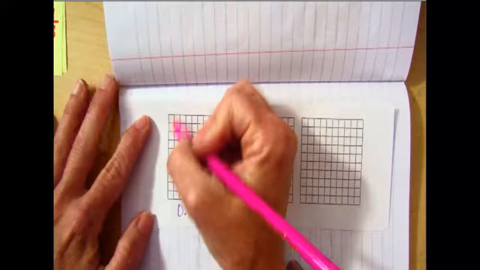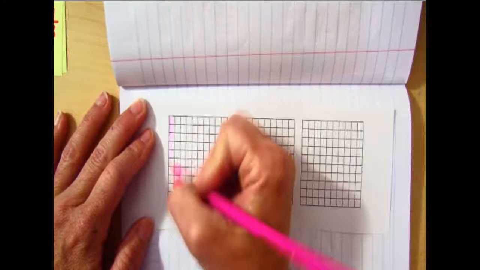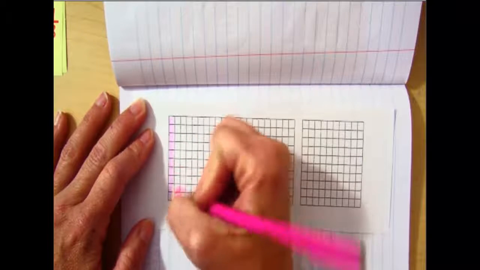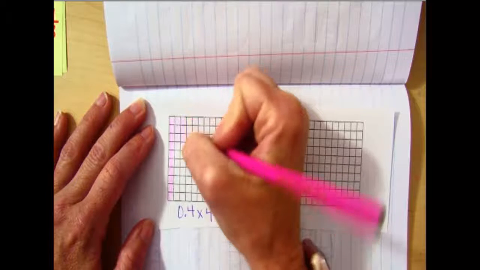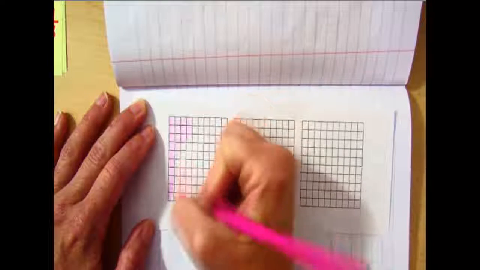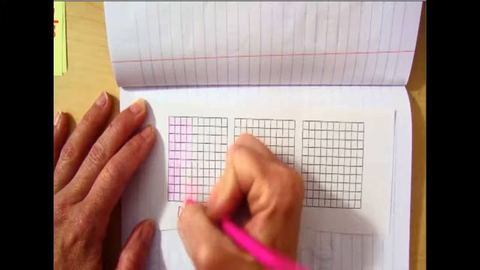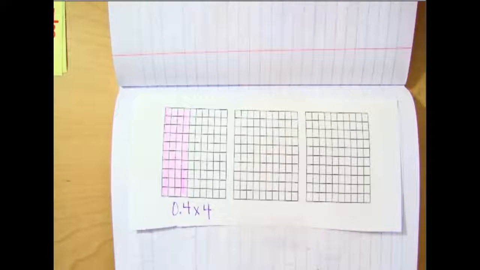So I want you to shade in 4 columns with one of your colors, just one. So now I've got 4/10 there.